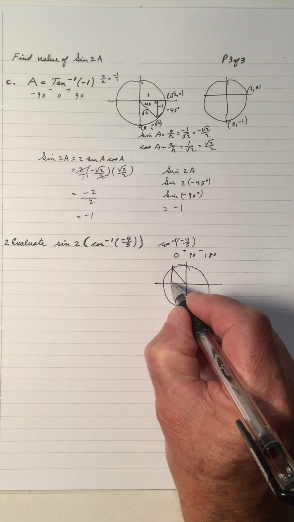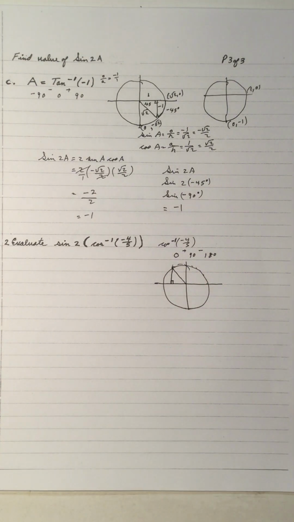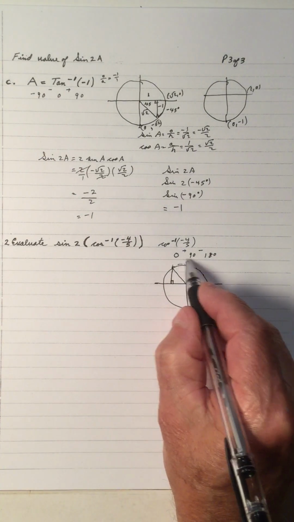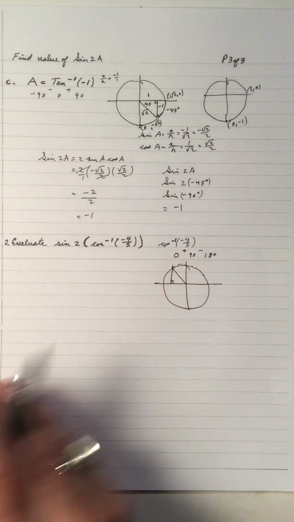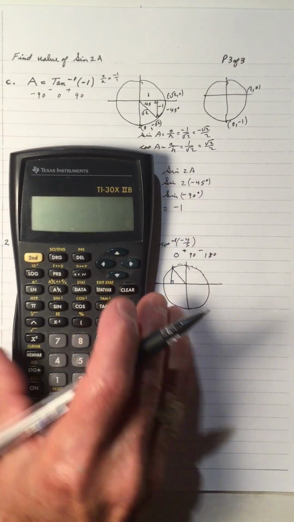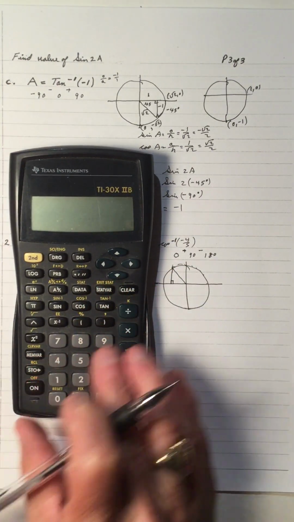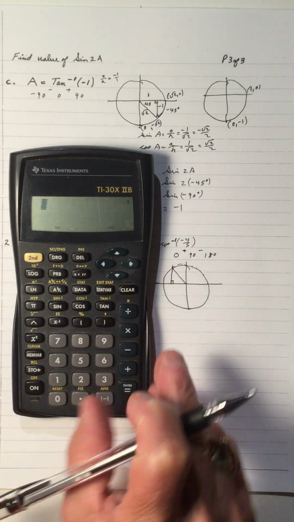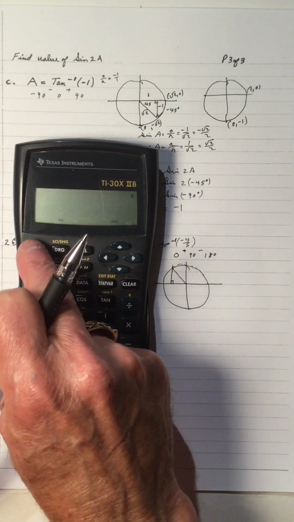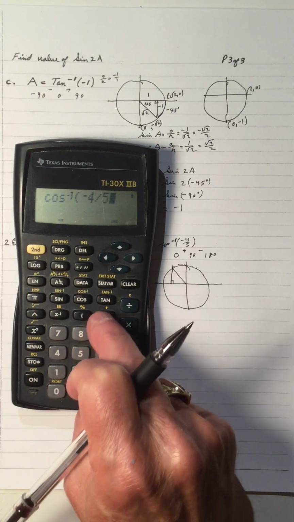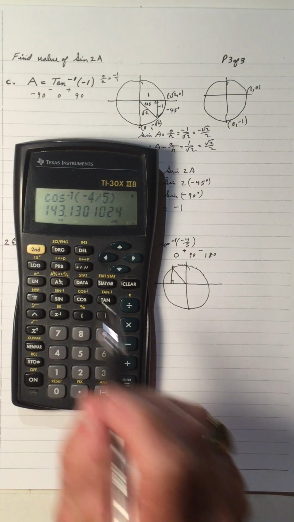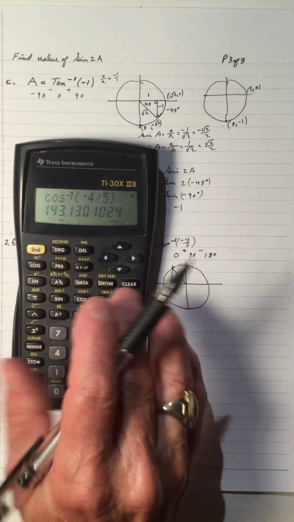Terminal arm, perpendicular. Now you might say, well, how do I know it's that? Well, it's from 0 to 180, and I know it's positive between 0 and 90 and negative after. But if you use your calculator and go inverse cos of negative 4 divided by 5, it gives you 143 degrees.